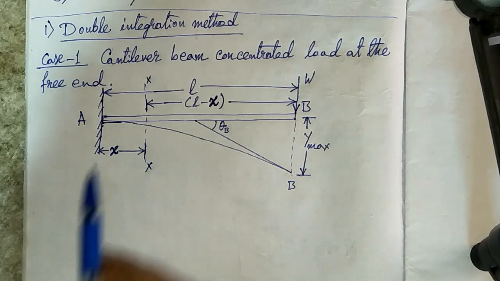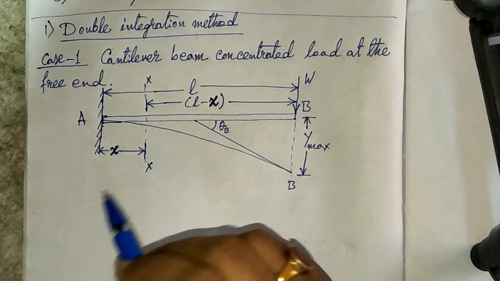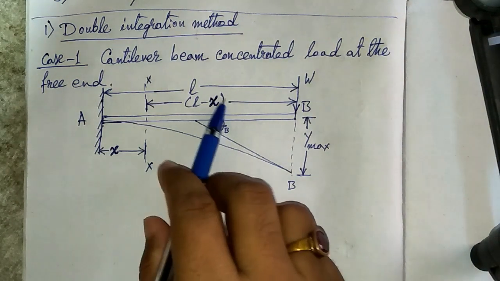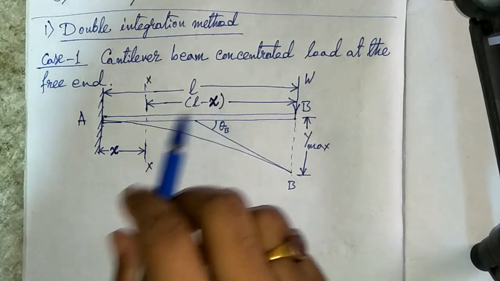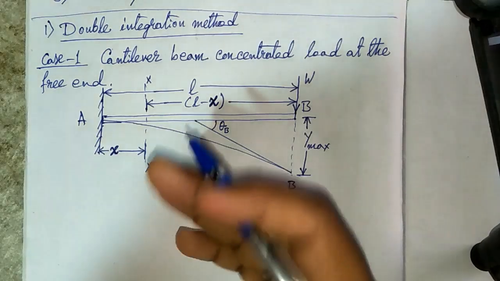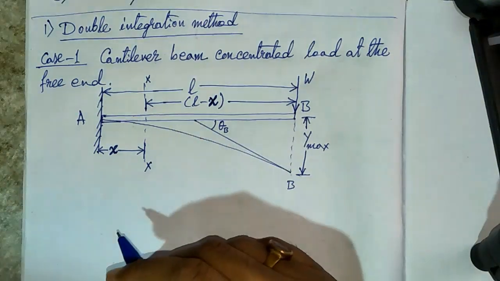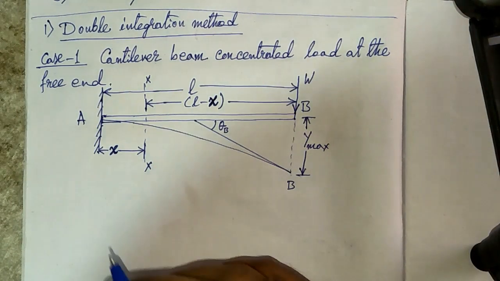The distance of this section from the fixed end is small x, so this length is L minus x. Also, the moment of inertia about the neutral axis is capital I.